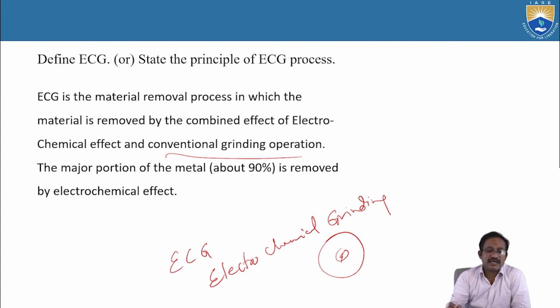The major portion of the metal, that is 90%, is removed by the electrochemical effect only. Direct contact would not be required. The remaining 10% will be removed by the grinding action.